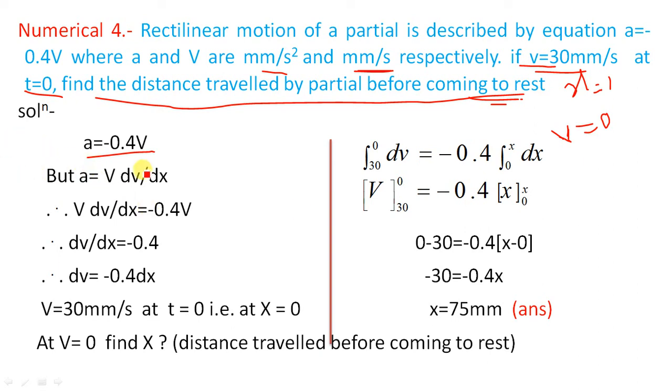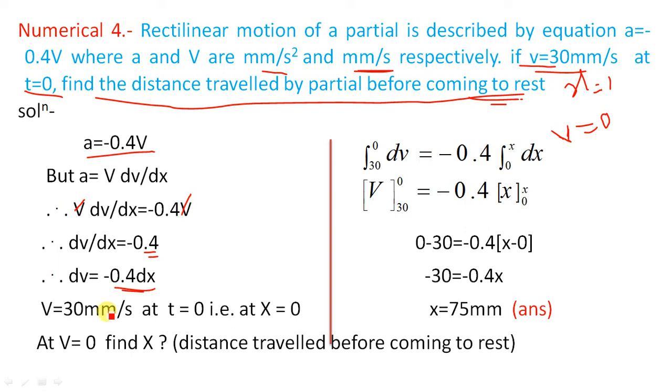So the acceleration equation is given, a is equal to minus 0.4 v, but acceleration a is equal to v dv by dx. So substitute that value of a over here, v dv by dx is equal to minus 0.4 v. So this v and v get cancelled, dv by dx is equal to minus 0.4. So dv is equal to minus 0.4 dx.